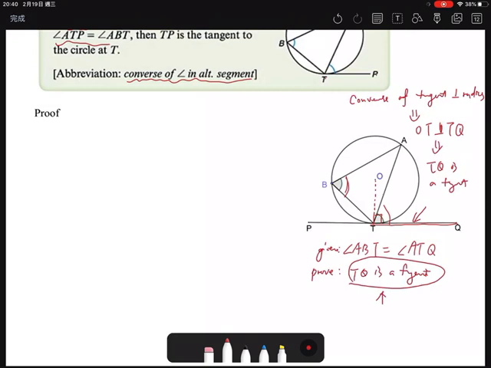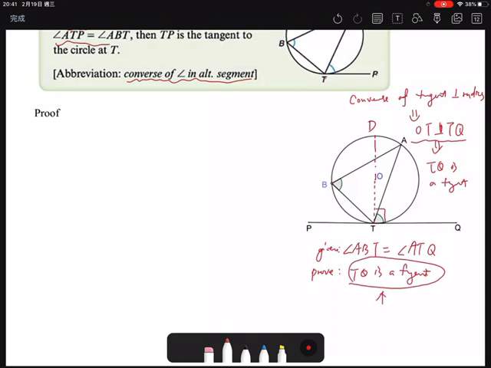So now how can we prove OT perpendicular to TQ? First step, we should construct, we should join OT first, and the same way we extend OT and meet the circle at point D, and then draw.